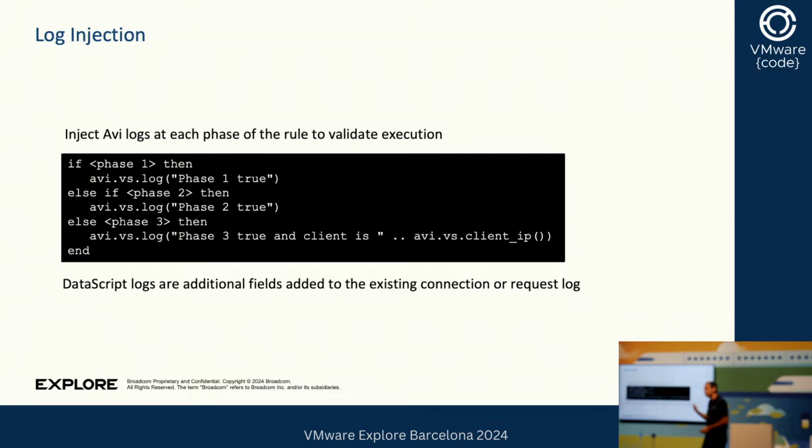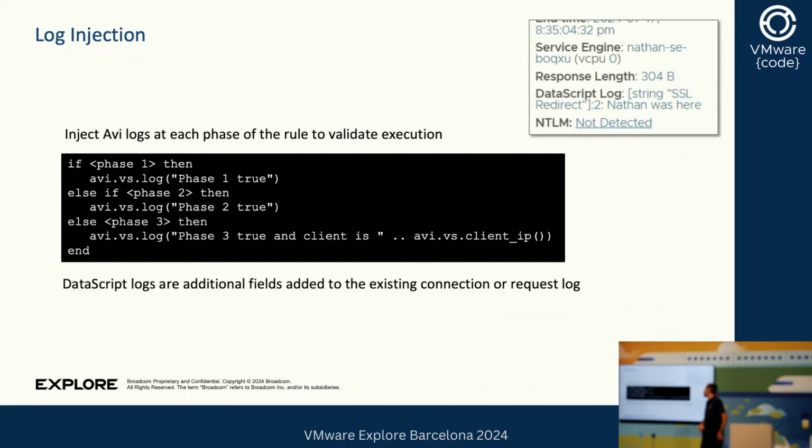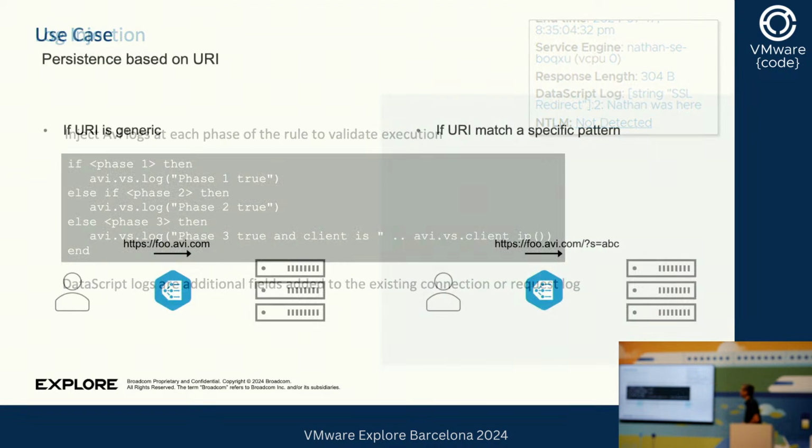So you can witness yourself and double check that your logic is properly implemented, right? Those are best practices to make sure that you have something working, right? You see here, we have this string which was generated by one of these AVI VS log calls.